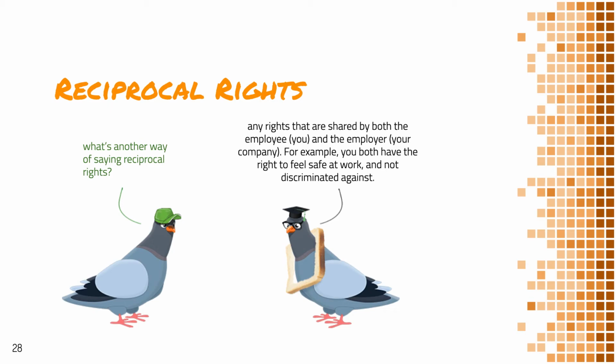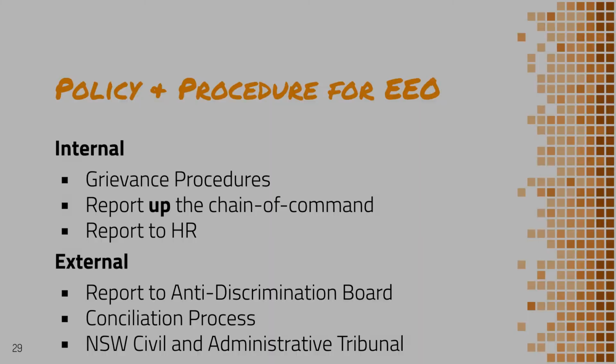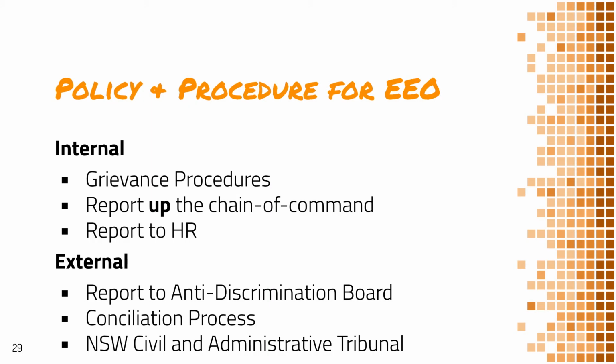That's what we mean about reciprocal rights. It's the boss looking after you and you looking after the boss and you being looked after by the boss. Okay? Reciprocal rights. So what then happens if we think we're being discriminated against or we think something's gone wrong? Well, there's usually two different processes that you can follow.